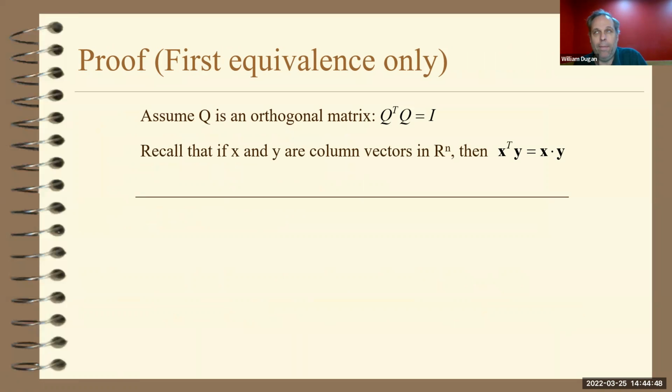But that means that if you ever take two column vectors, then that vector written not as a column but as a row, times that column vector Y, that normal matrix multiplication is actually the same as just their dot product. It's just X dotted with Y.